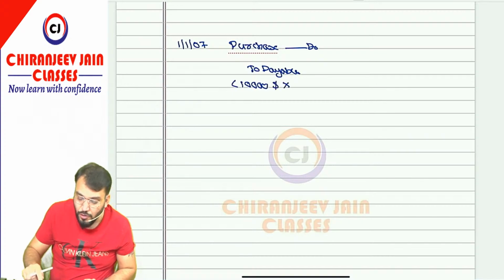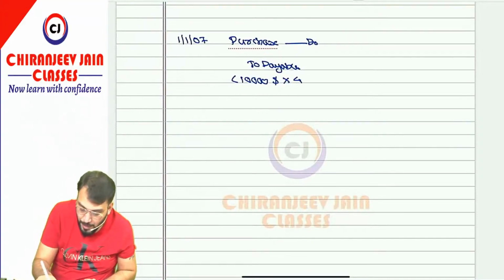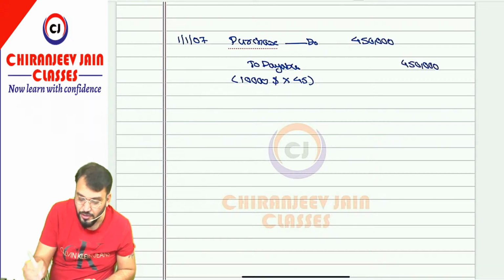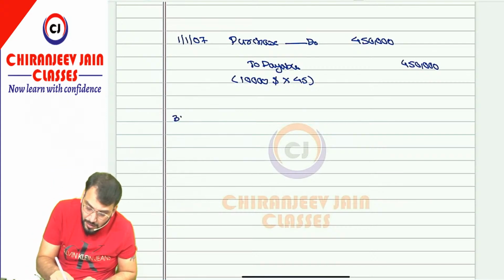So $10,000 multiplied by the rate of 45 will come to 4,50,000. Understood? Correct.